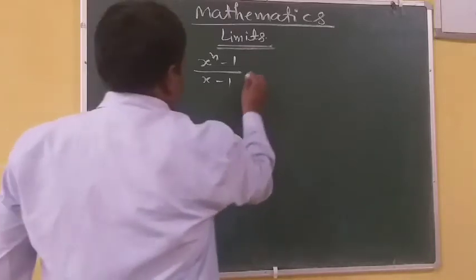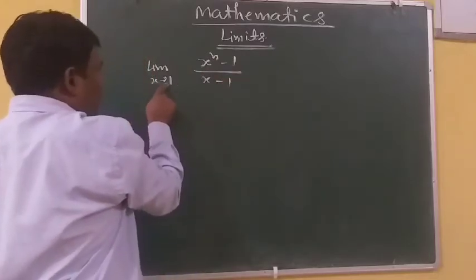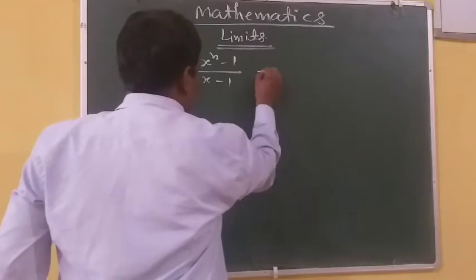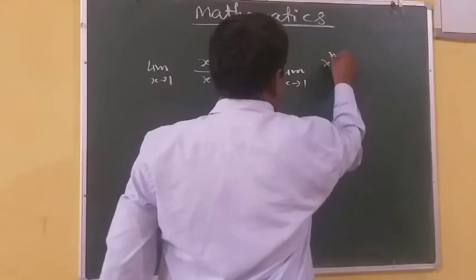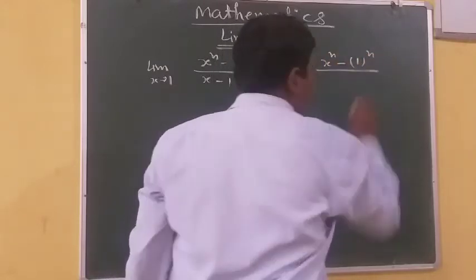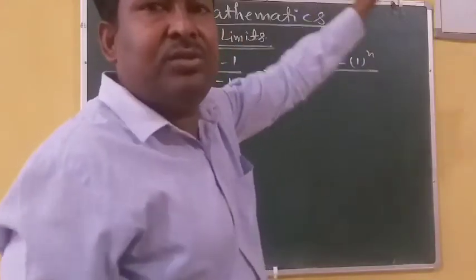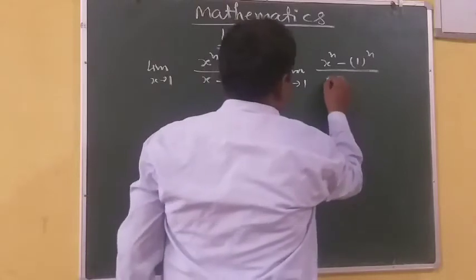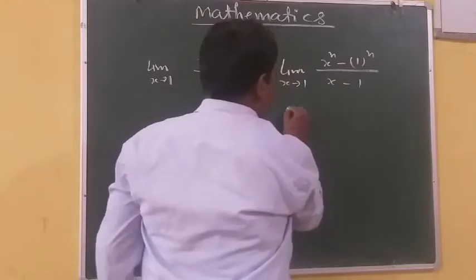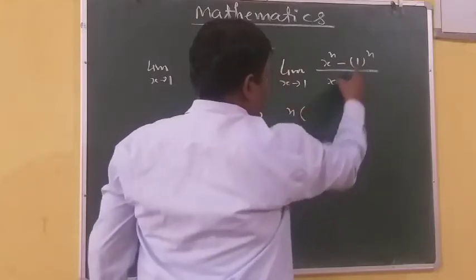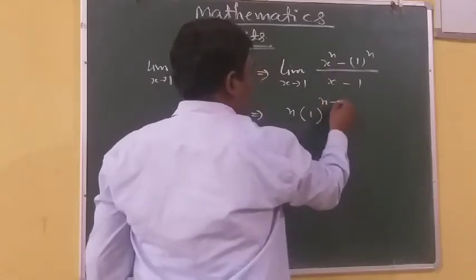Since here x tends to 1, you can think of it like limit x tends to 1, (x power n minus 1 power n) upon (x minus 1). Can you write it? Of course you can write, since you know 1 power n or 1 power anything is 1. So according to the standard result, you can write it.